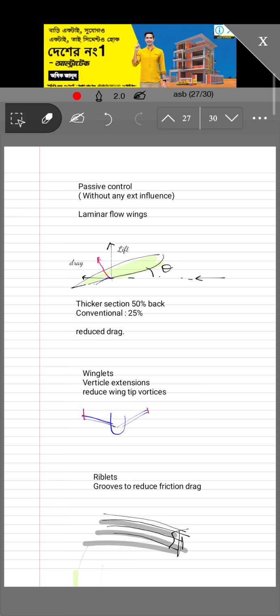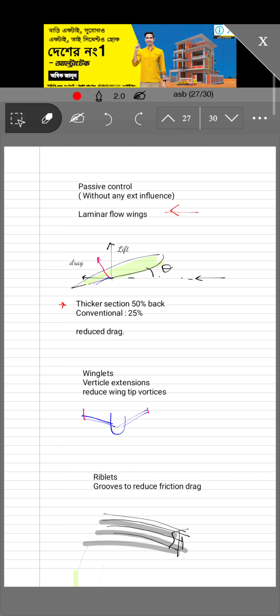One of the ways of having turbulence cancellation is to have laminar flow wings. Laminar flow wings means curved wings with the thickest section, an uneven distribution of the mass. That means the thickest section is at 50% back.